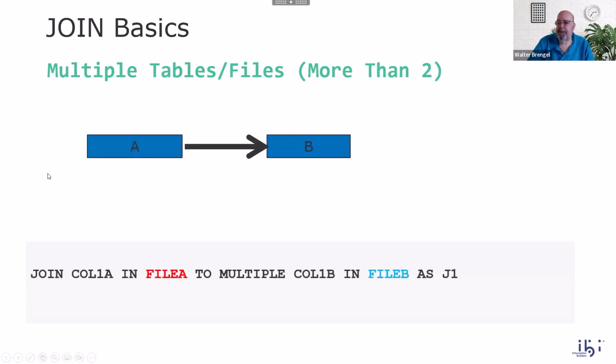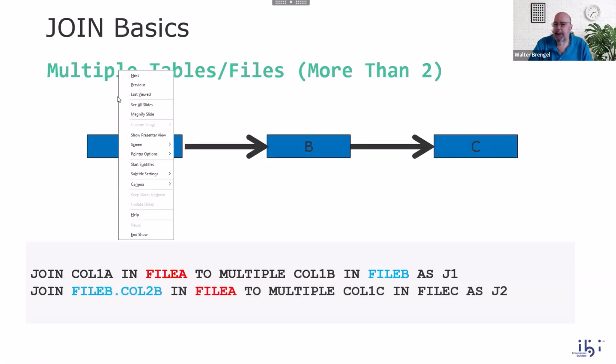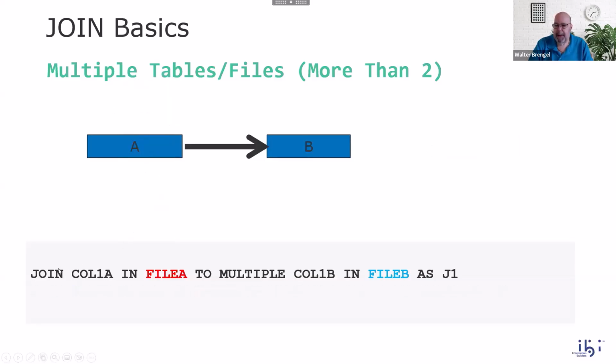But what if I'm going from file A to file B? Let's go back. So I'm going to have my join just like we had before. But now I want to go from B to C, not A to C. So what I have to do is, in the join syntax, if you have multiple joins that are all related, the host has to be the same name for all of the join commands.